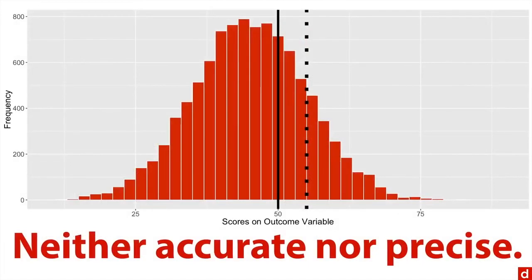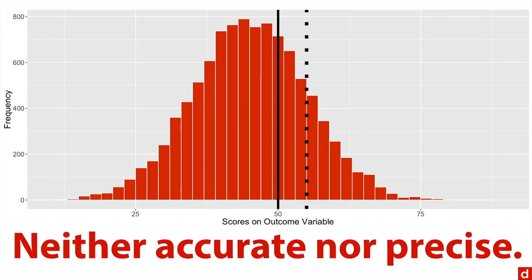What I have here is a little hypothetical situation. I've got a variable that goes from maybe 10 to 90, and I've drawn a thick black line at 50. If you think of this in terms of percentages and political polls, it makes a very big difference if you're on the left or the right at 50%. And then I've drawn a dotted vertical line at 55 to say that that's our theoretical true population value.